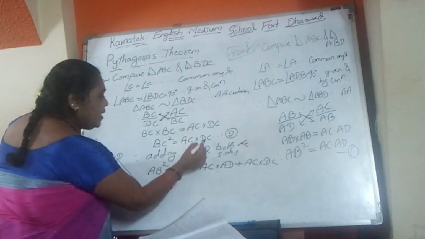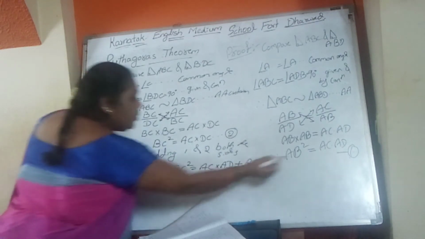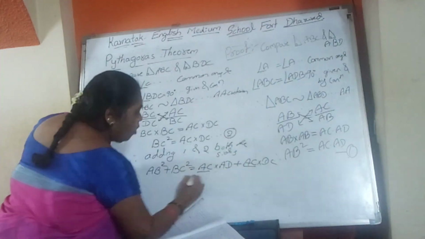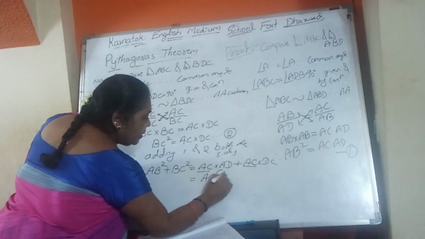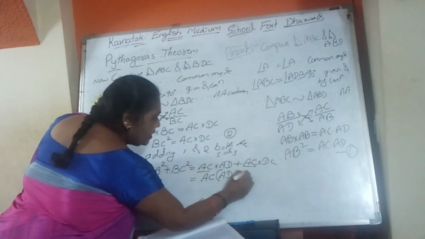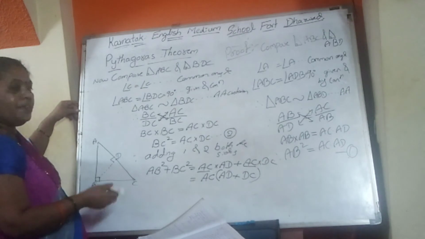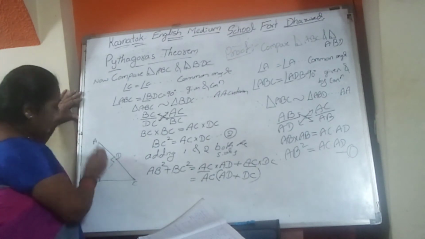BC square is equal to AC into DC, AB square is equal to AC into AD. See here, AC is common: AC into bracket AD plus DC.